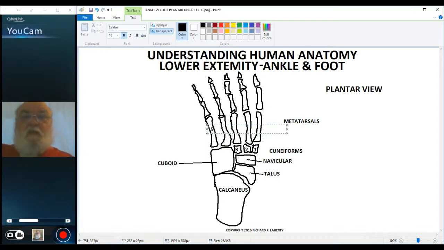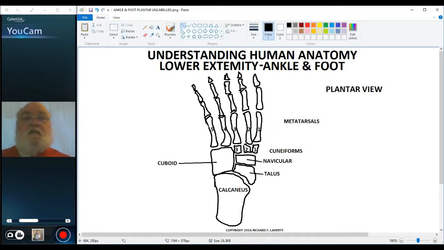I'm going to start laterally with number 5, number 4, 3, 2, and 1. And I'll indicate the metatarsals with a bracket here.